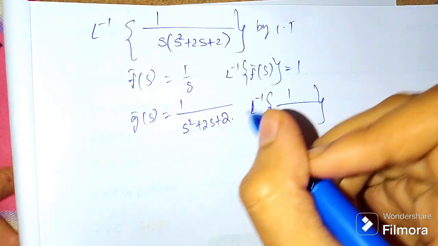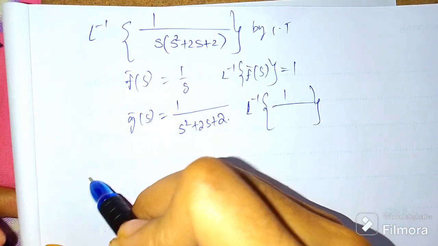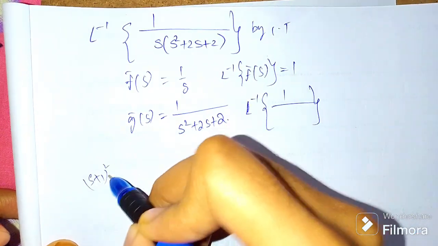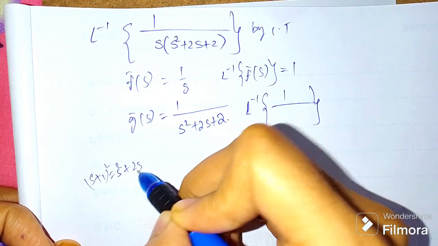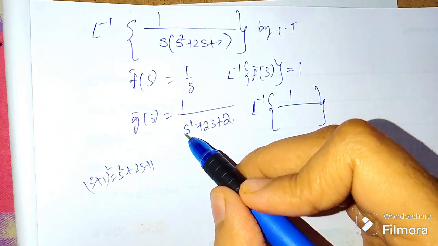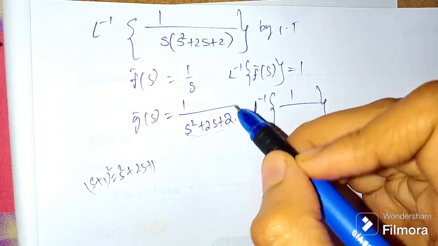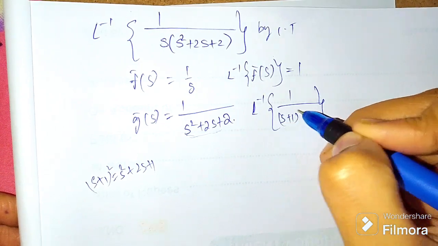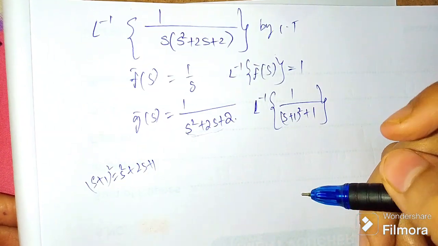Before, we already did these kinds of sums. I told you to check first for s plus 1 whole square, which is s square plus 2s plus 1. So here s square plus 2s plus 1 is there, so we'll write s plus 1 whole square plus 1.